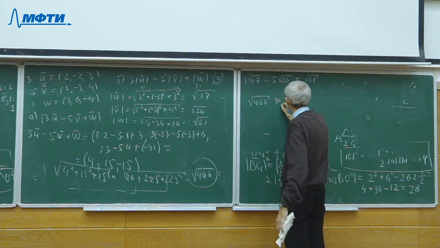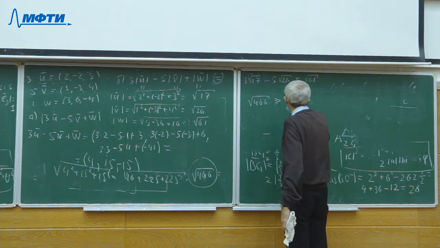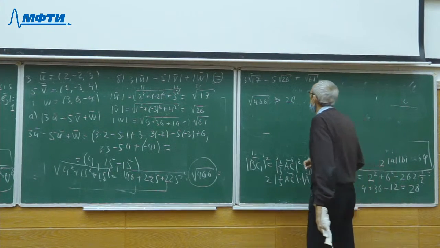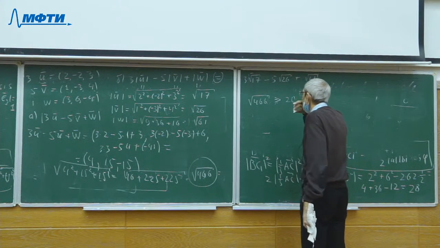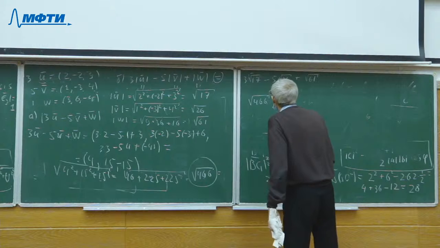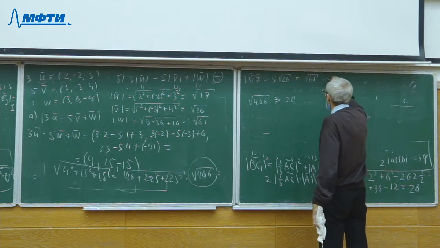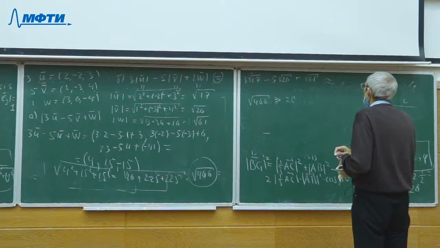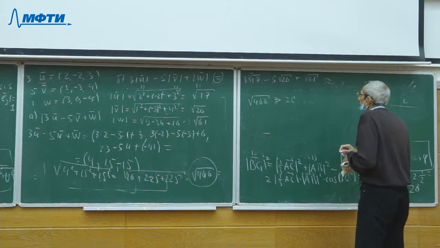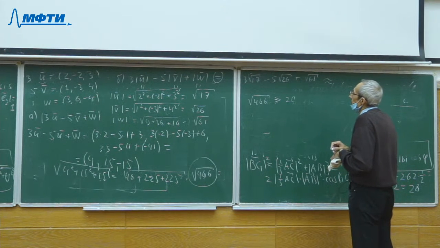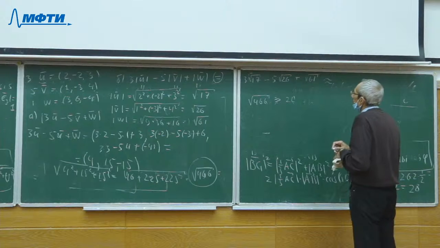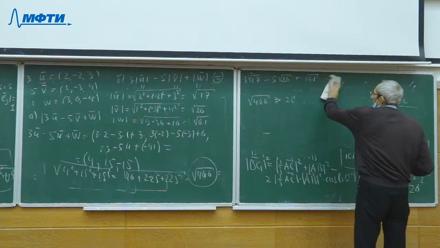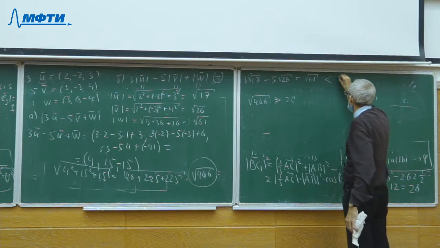This sum is greater than 20, and this sum is smaller than 0.